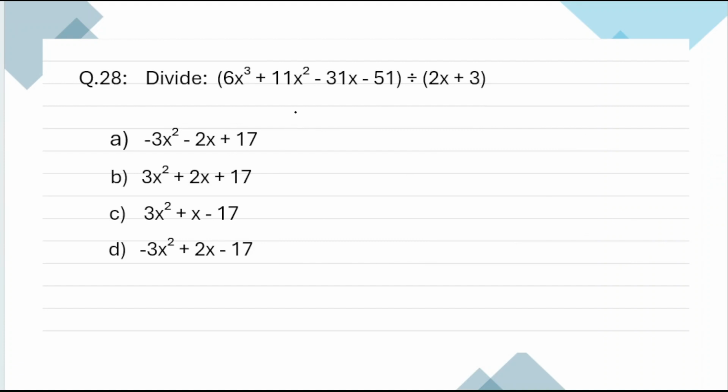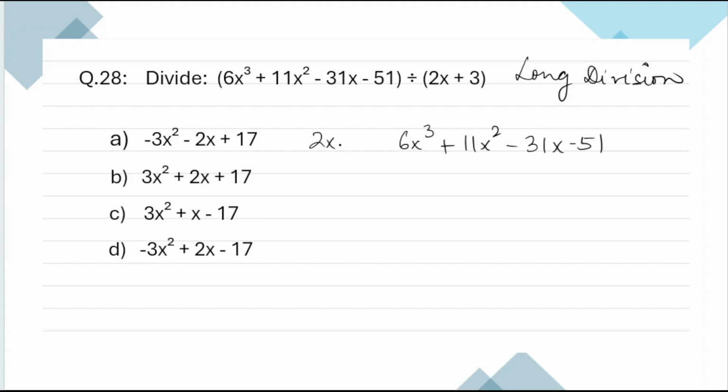Divide 6x cubed plus 11x squared minus 31x minus 51 with the binomial 2x plus 3. So here we will be doing the long division. So let's write the polynomial 6x cubed plus 11x squared minus 31x minus 51, and it is divided by 2x plus 3, which is the divisor.